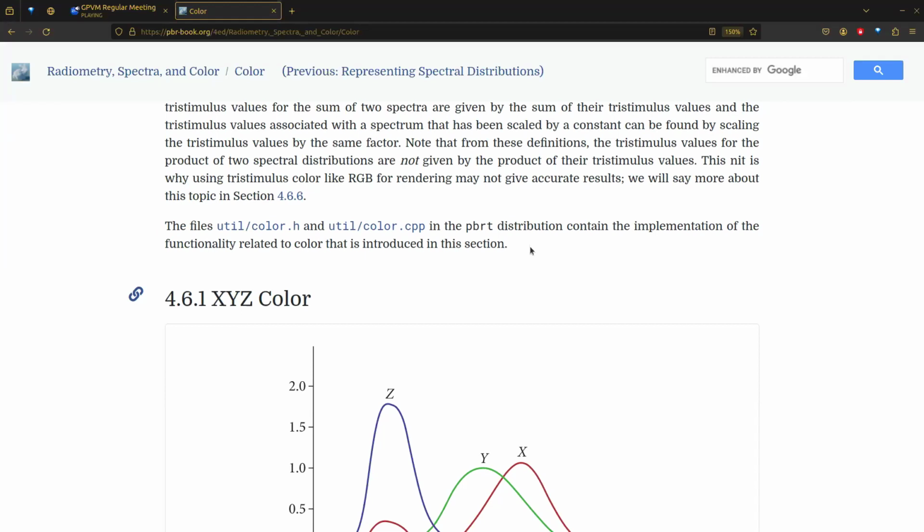Using RGB may not give accurate results, and there's more in that other section.